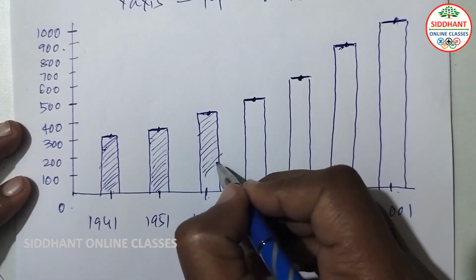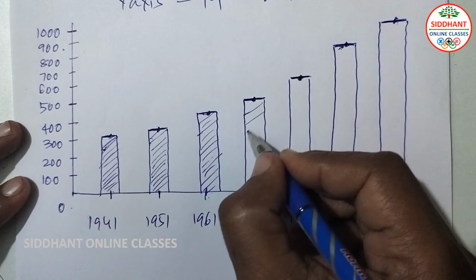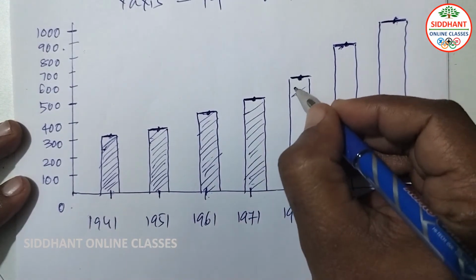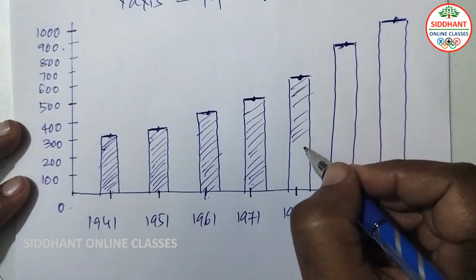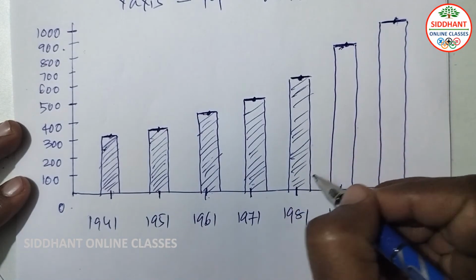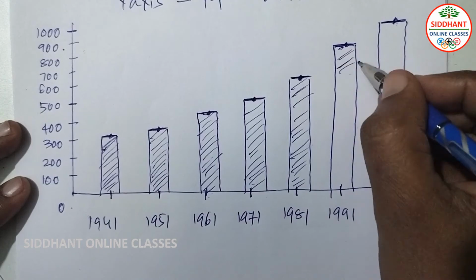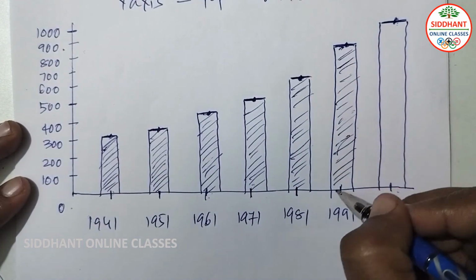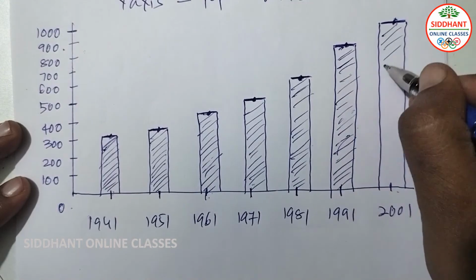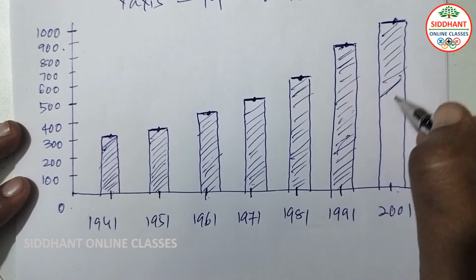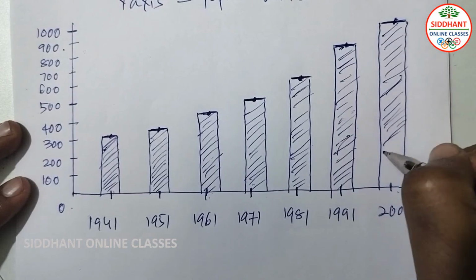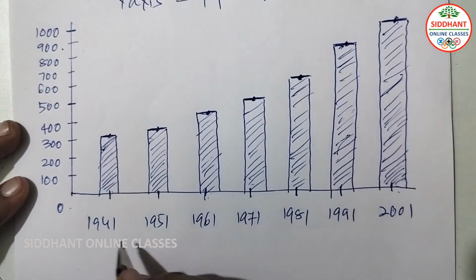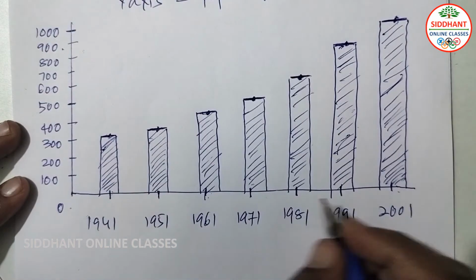You can add colors or patterns to the bars so that we can distinguish multiple observations. So this is the bar diagram.